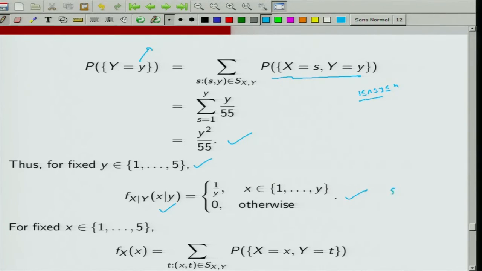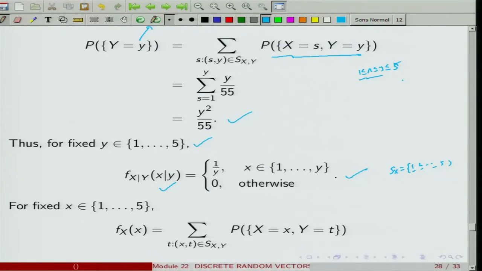Now, similarly, the support of x would also be 1 to 5. So, here n was 5. For fixed x belonging to 1 to 5, to get the marginal PMF of x, I sum out the unwanted variable t over here in S x y. So, it is the collection of all those t such that x, t belongs to S x y.